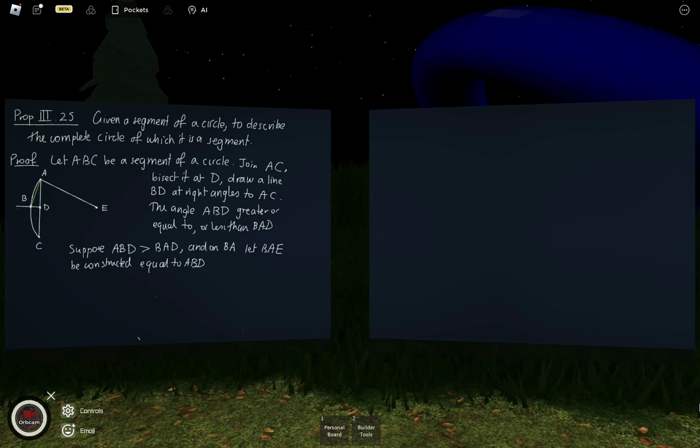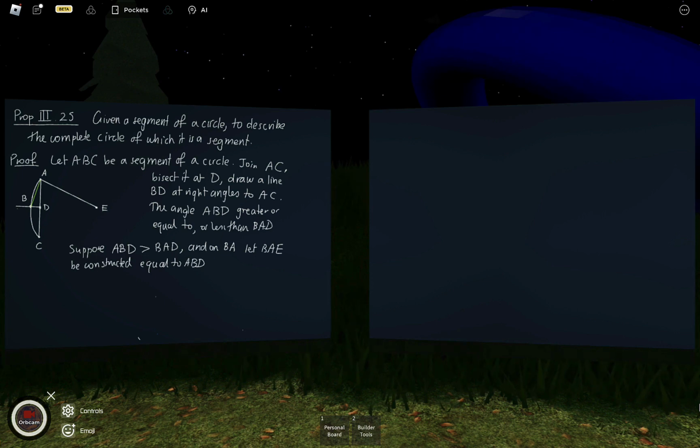Right, so we know we can construct on any line any given angle, and this angle here, which is BAD, by hypothesis at the moment, is less than ABD. So I'm going to construct BAE, which contains BAD and is greater, and let it be greater on this side so that the E comes out as shown. So that's a construction we can do.